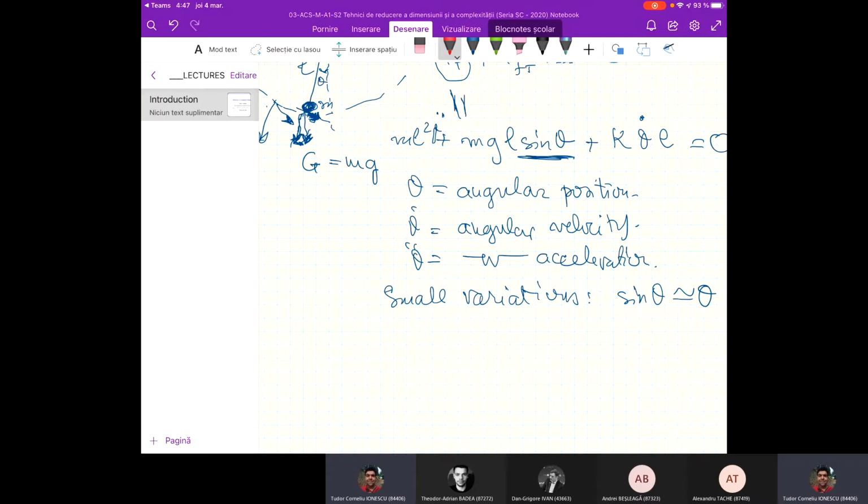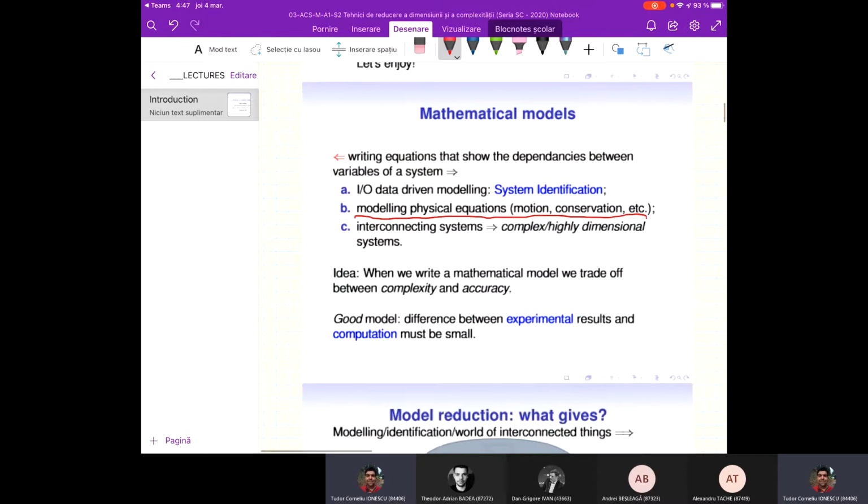Okay. So you can get more of these things. You have a lot of models you can compute like that.